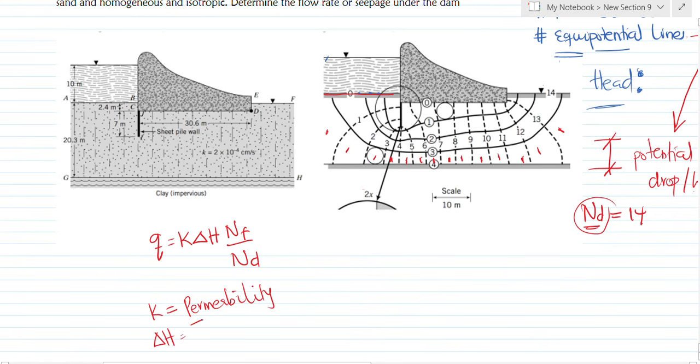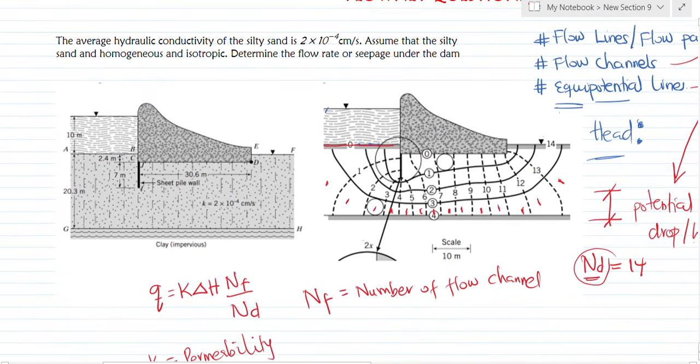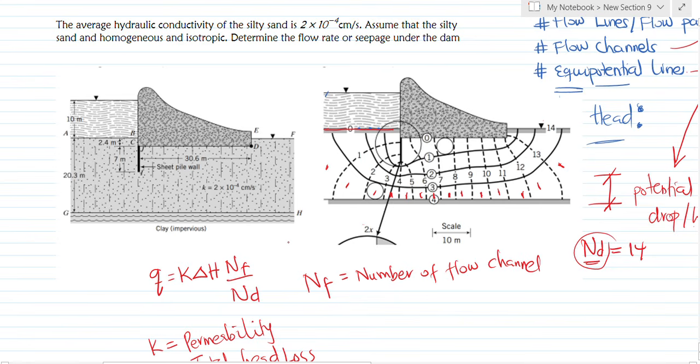Change in H is equal to the total head loss. NF is equal to the number of flow channels, not the number of flow lines, but rather the number of flow channels. The number of flow channels are the spaces between the flow lines. So in this case, this is a flow line, this is a flow line, this is a flow line, this is a flow line.